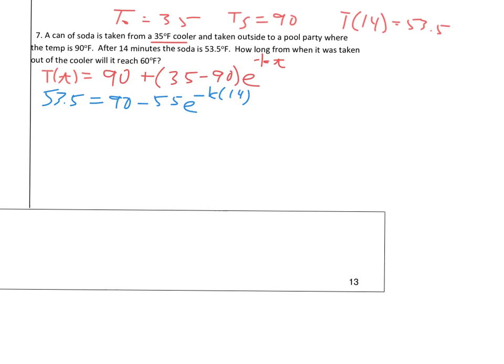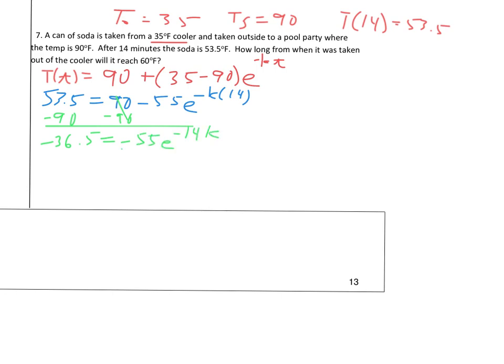Okay, so now we're going to isolate k here to figure out what that is. So I'm going to subtract 90 from both sides. Minus 90. Okay. So negative 36.5 equals negative 55 times e to the negative 14k.